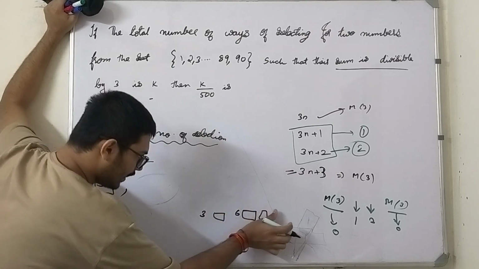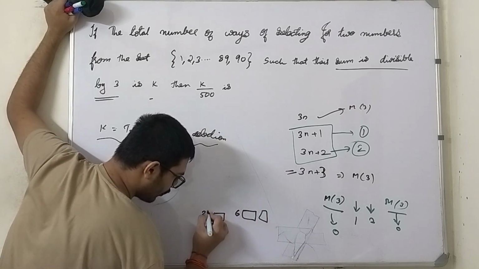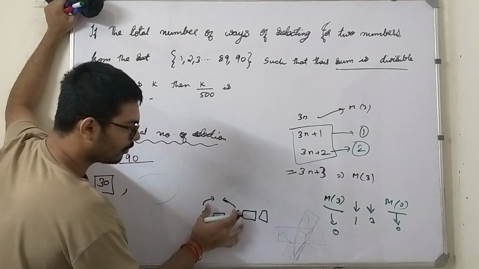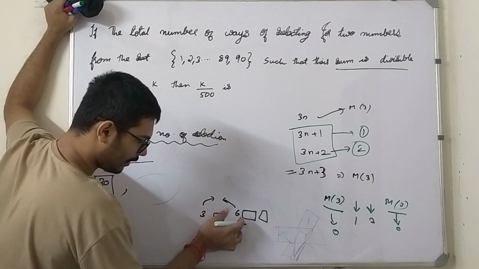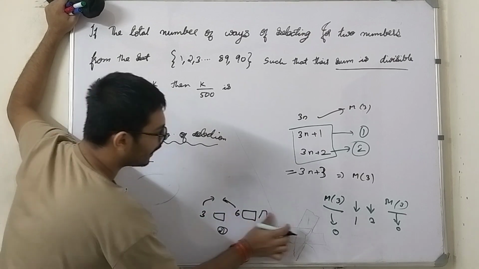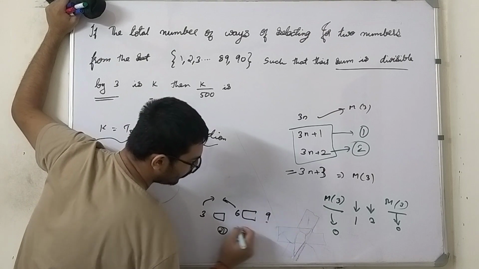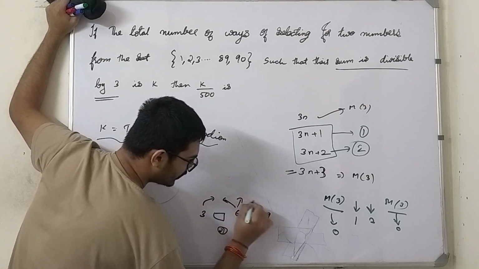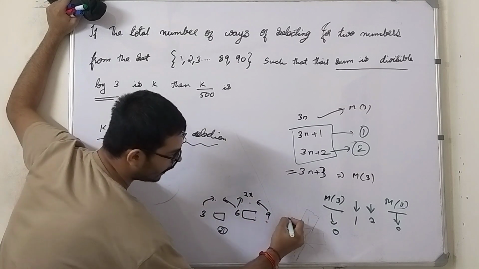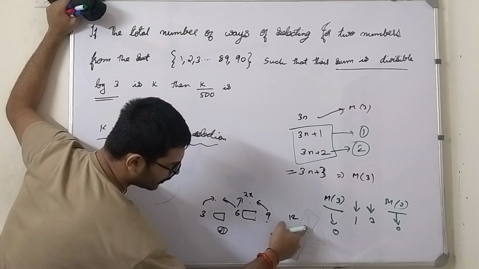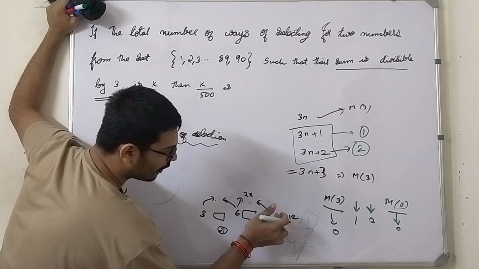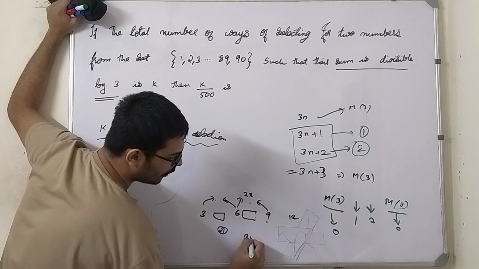You can check like this: with 3 multiples, there is 1 interval and 2 intervals, and each has 2 numbers, so 2 into 2. If you take 4 consecutive multiples of 3, there are 3 intervals, with 2 numbers in each, which means 3 into 2.